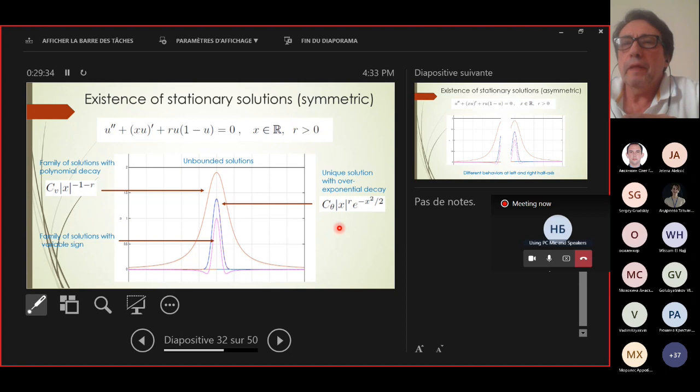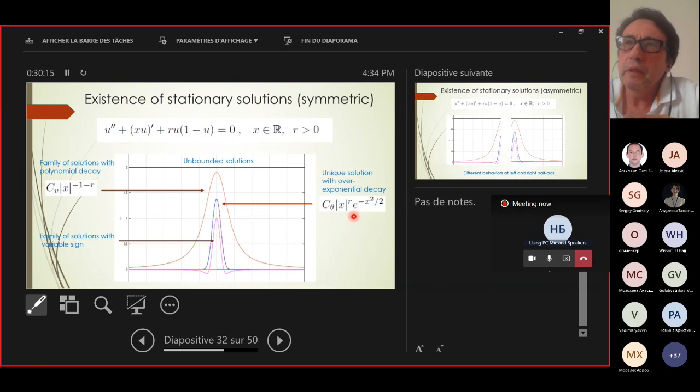In fact, there are three types of solutions shown here. All the solutions which I consider now in this figure are symmetric with respect to x equals 0. So at the moment we consider these symmetric solutions, and there are three types of such solutions. This blue line shown here is a positive solution with such behavior at infinity.